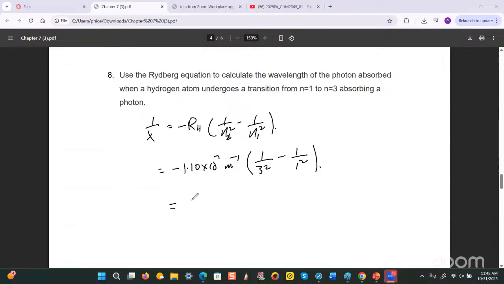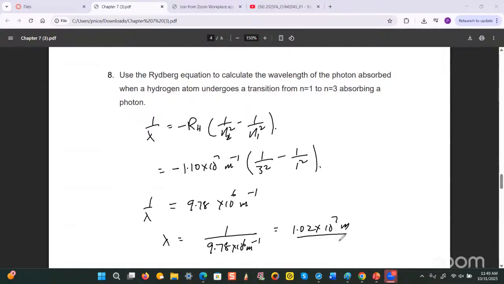So 1 over lambda is going to be 9.78 times 10 to the 6 meters to the minus 1, which means that lambda is equal to 1 over that. According to my calculation, that works out to be equal to 1.02 times 10 to the 7 meters. And that's how that is done.